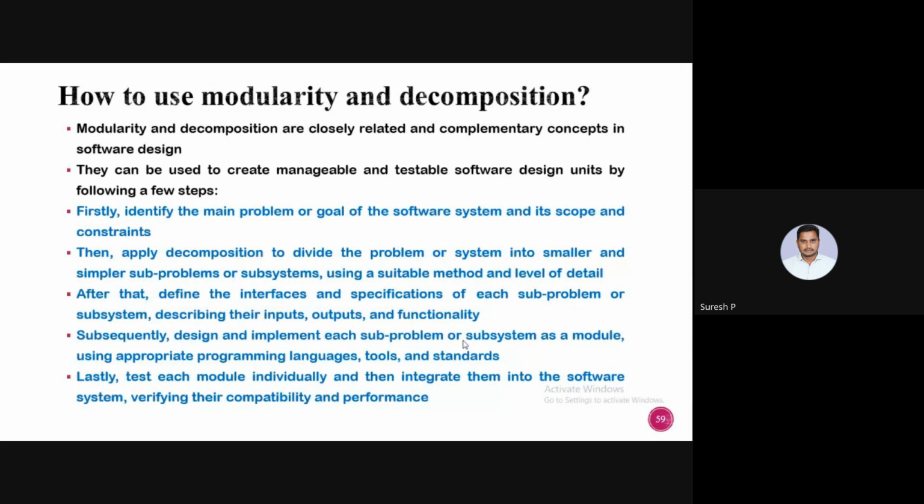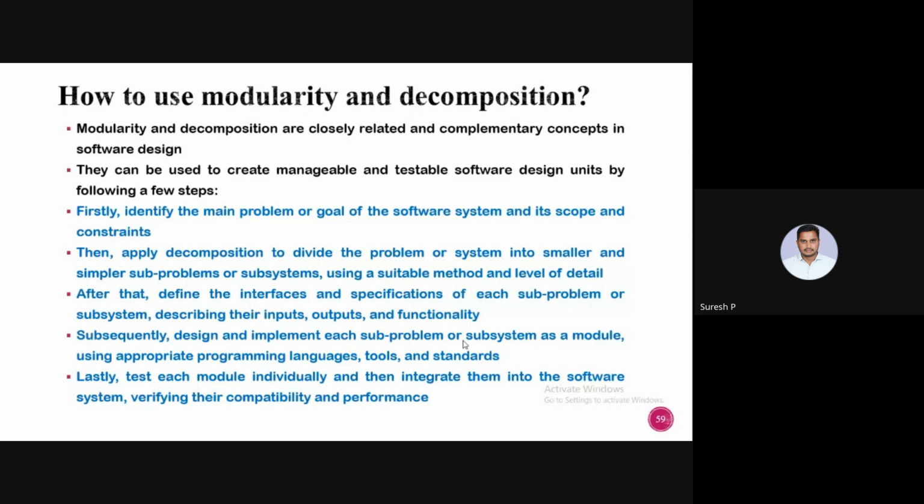So let's summarize again. First, we have to identify the goal of that particular software. Then we have to divide that large software into smaller modules. The third one is we are supposed to identify the interfaces and the specifications by specifying the input, output, and functionality of each module.